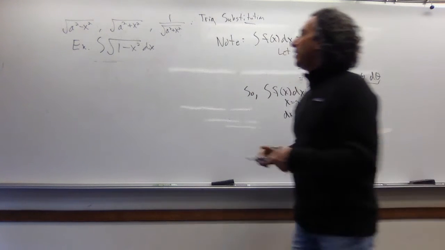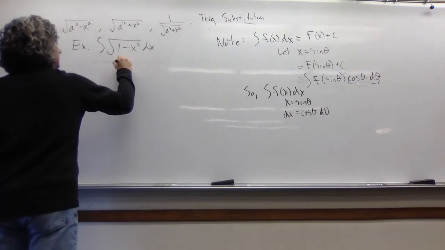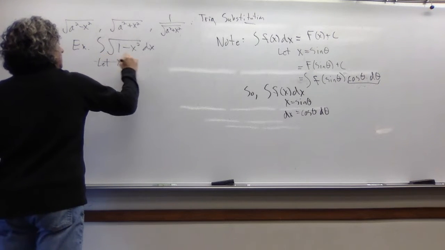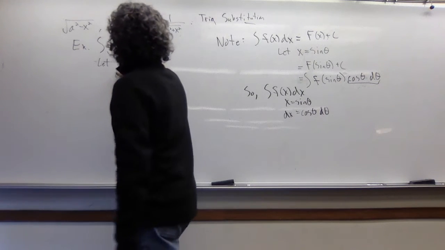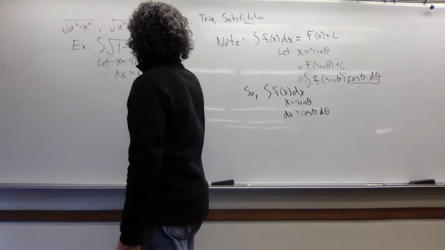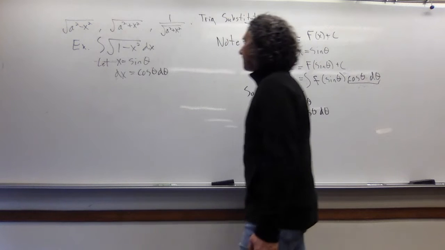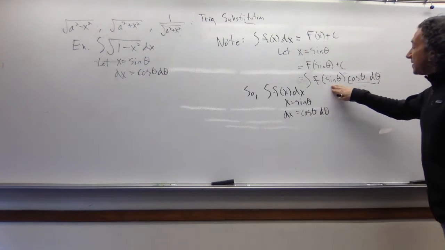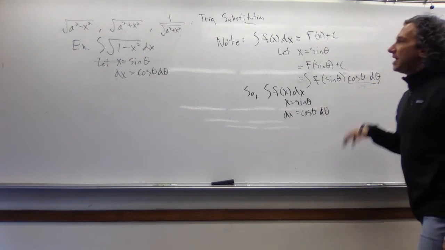So that's what I'm going to do over here. Let's let x equal sine of theta. And then once I do that, dx is just cosine theta d theta. And then I'm going to get something in the form f of sine of theta times cosine theta.